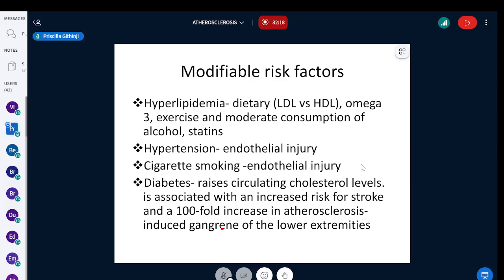They get what is called peripheral vascular disease, and that's why diabetic patients develop diabetic foot. One of the pathogenesis is the atherosclerosis.